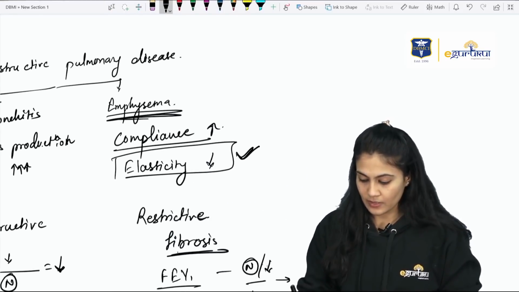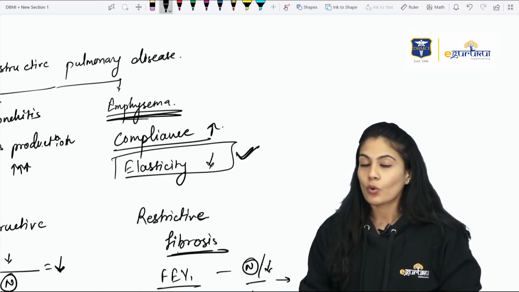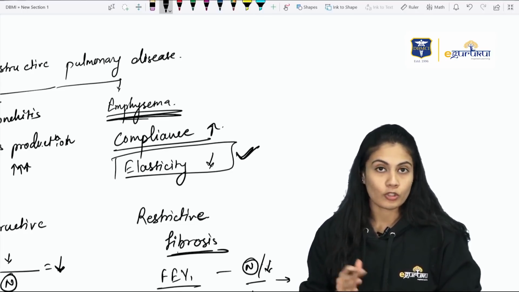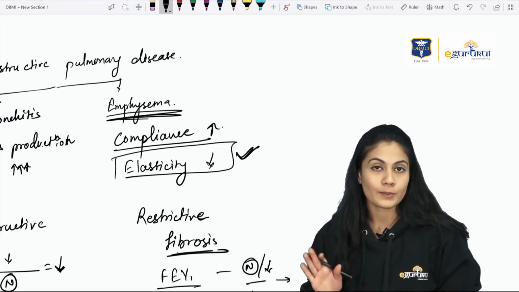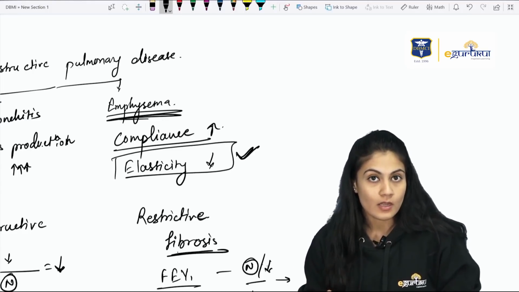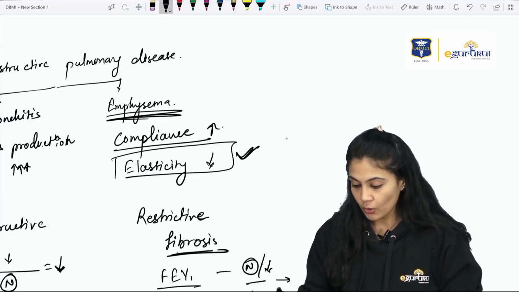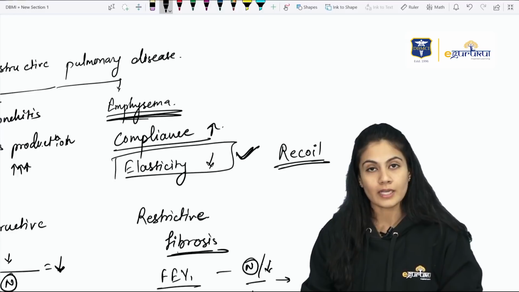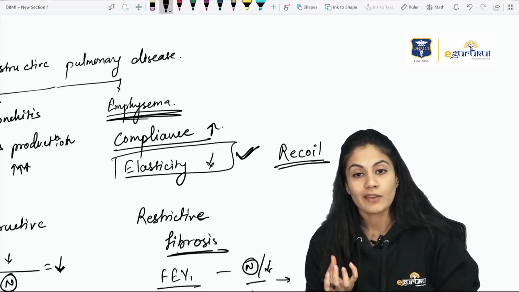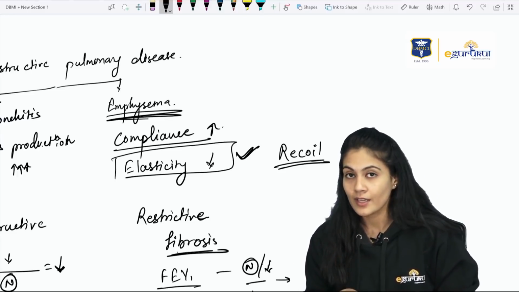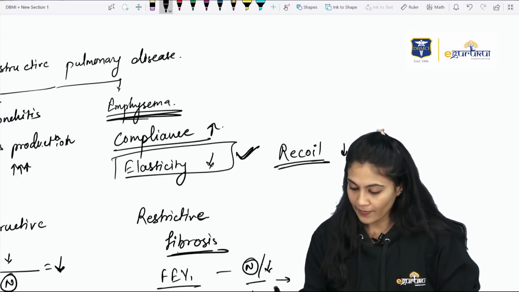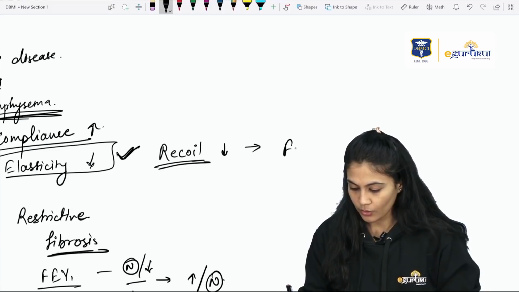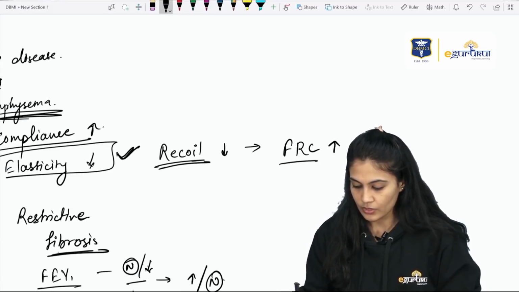If the elasticity is decreased, remember what happens in normal expiration. I'm not talking about forceful expiration. Normal expiration is a passive process, because of the recoil of the lung parenchyma, or recoil of the alveoli. If the elasticity is decreased, the recoil will be decreased too, and that's why the residual volume will increase, and the FRC will increase too.